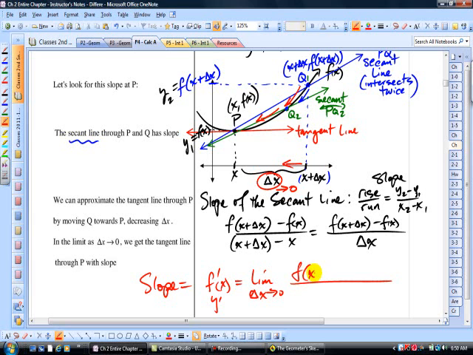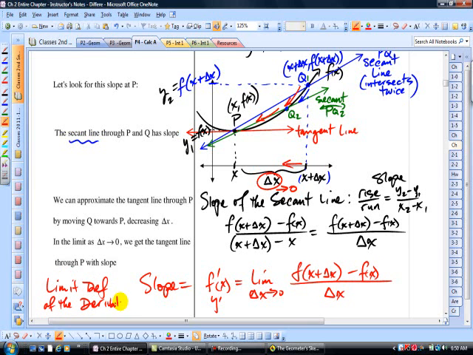So f of x plus delta x minus the function f of x, divided by delta x. We call this the limit definition of the derivative.